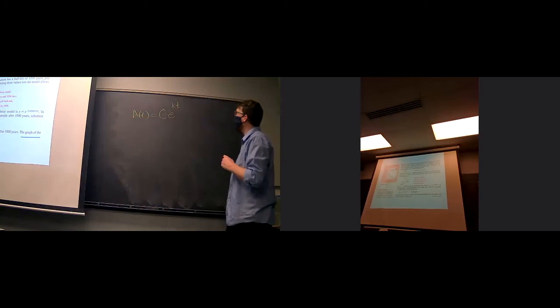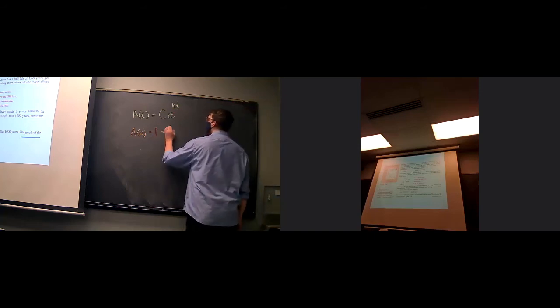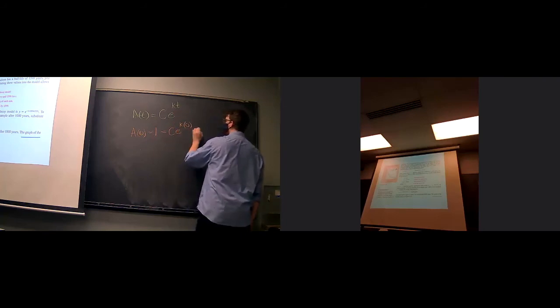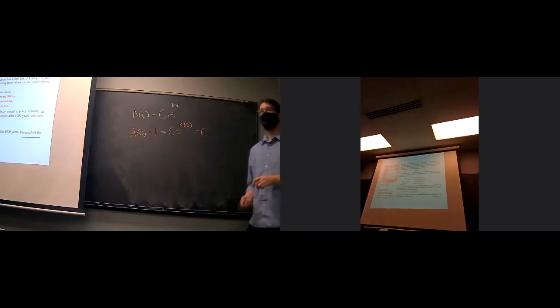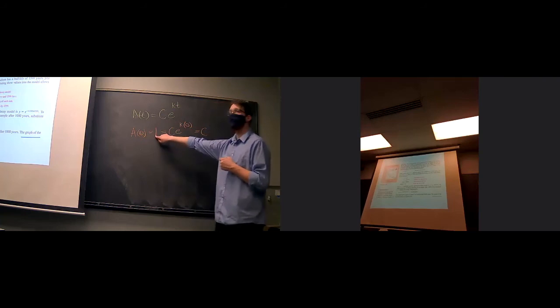What we know is that A(t) at time 0 is equal to 1. So that tells us then C must be equal to 1. And we know that this is the case because this is what we start off with, right? Before this thing starts decaying, we said we have 1 gram.